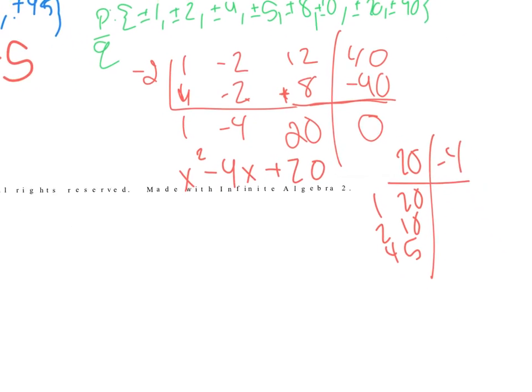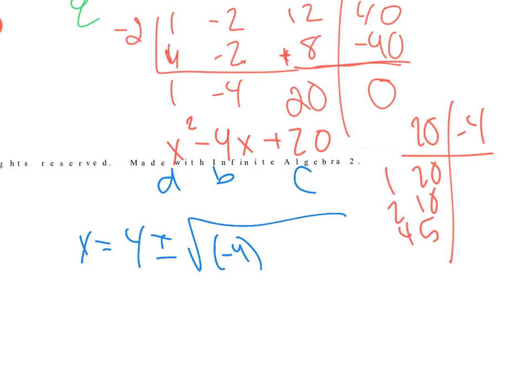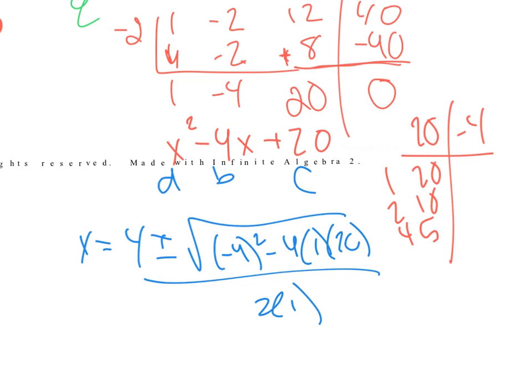So this is when I have to use the quadratic formula. x equals -b plus or minus the square root of b squared minus 4ac all over 2a. So this is a, this is b, and this is c. So it's going to be x equals -b, so positive 4, plus or minus the square root of b squared minus 4 times a times c all over 2 times 1, 2a.